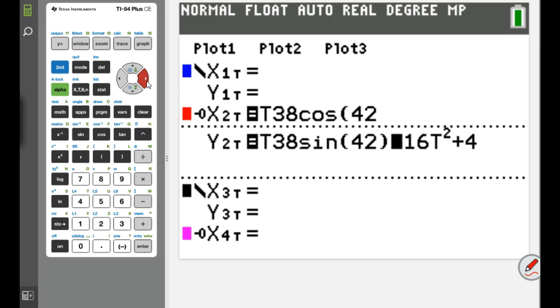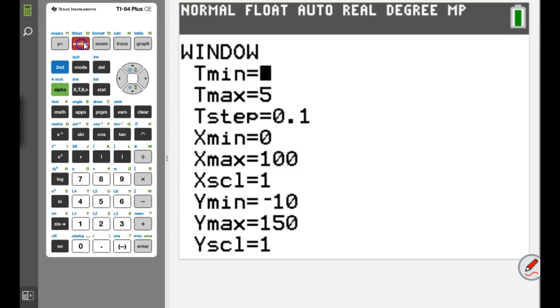And make sure you close that parenthesis, and then minus 16t squared plus, was it 1.5? Okay. Let's think about a window. What does t represent? Time in seconds. So tennis ball, time in seconds. I'm thinking 5 is plenty. 0 to 5 by 0.1. We're going to use t step 0.1.